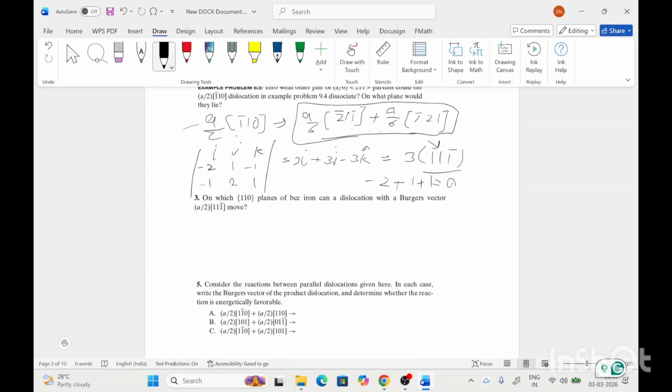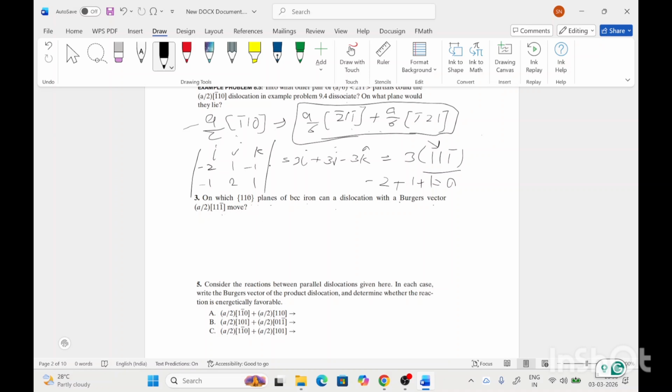Next question: on which 1 1 0 planes of BCC iron can a dislocation with the Burgers vector a by 2 1 1 bar 1 move? This is also related to the previous. We have to check whether the dot product of this Burgers vector and the plane is 0 or not.